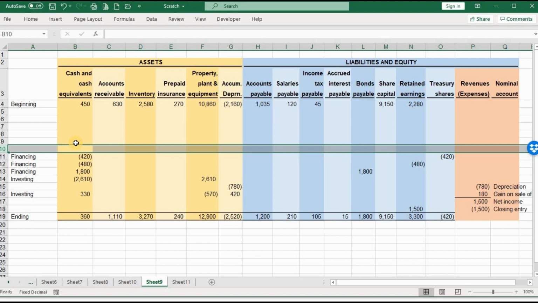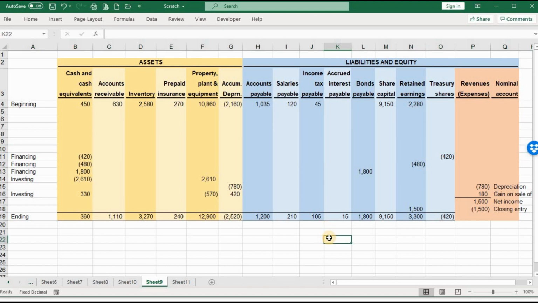So for the direct approach, the cash flows from operating activities must be presented in their actual amounts based on the cash transactions. So to do this, we need to include in our accounting equation all the remaining nominal accounts in the income statement that we have not yet included in our accounting equation.